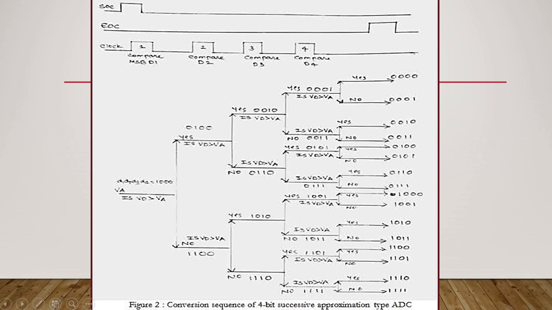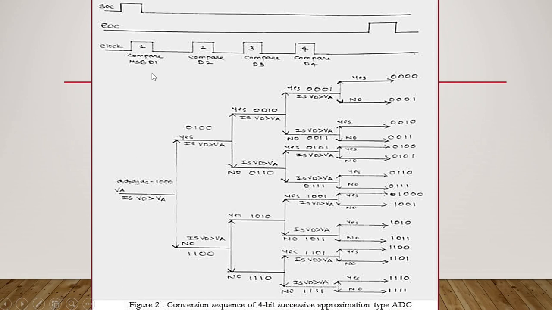The first waveform is SOC, start of conversion. Then the end of conversion, EOC, is given. This will be the input for the SAR. If the SOC start signal is high, then it will check the clock signal.